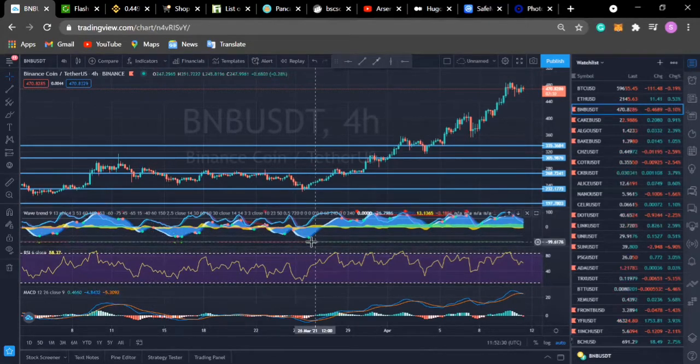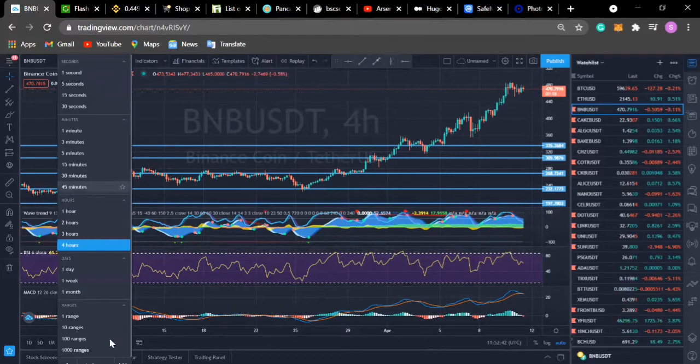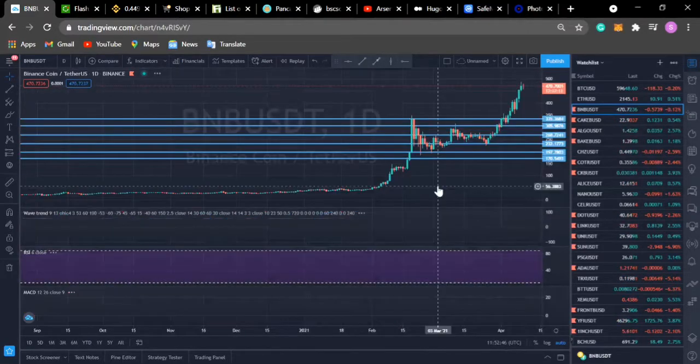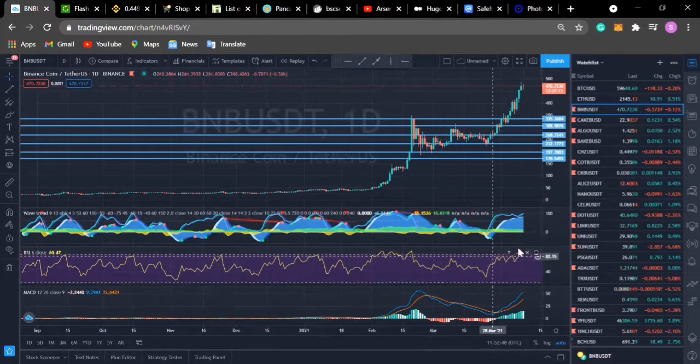And when you see the dot around here too, and you see it again here, it shows a strong buy. Let me show you that in one day. Yeah, look at it now. Look at the green dot here. Bought and sold.